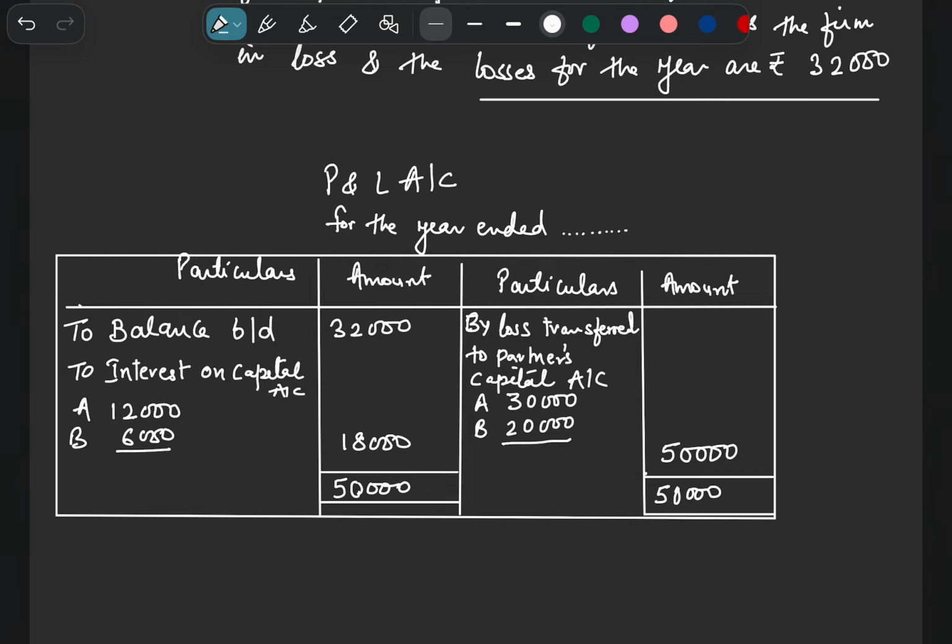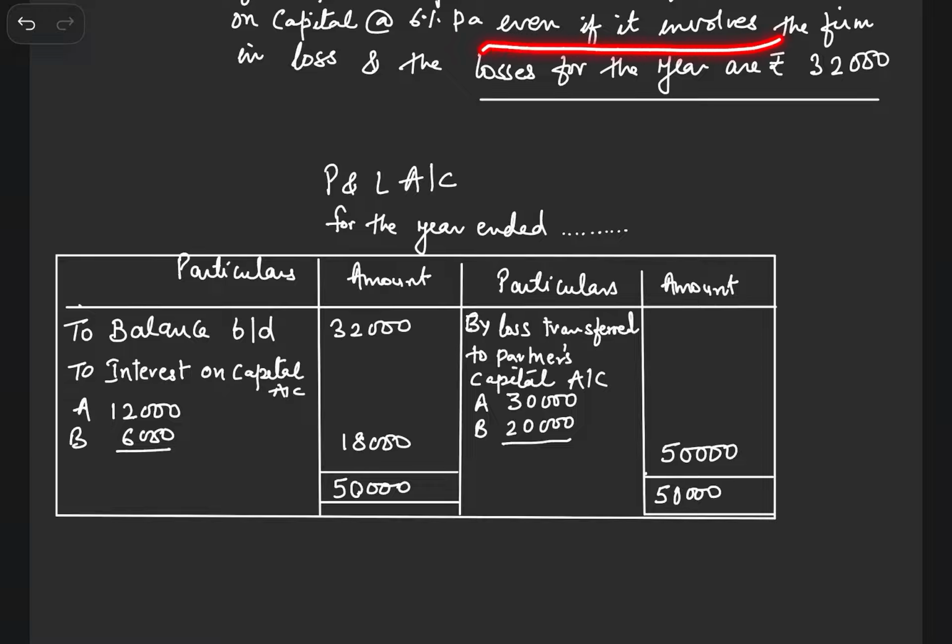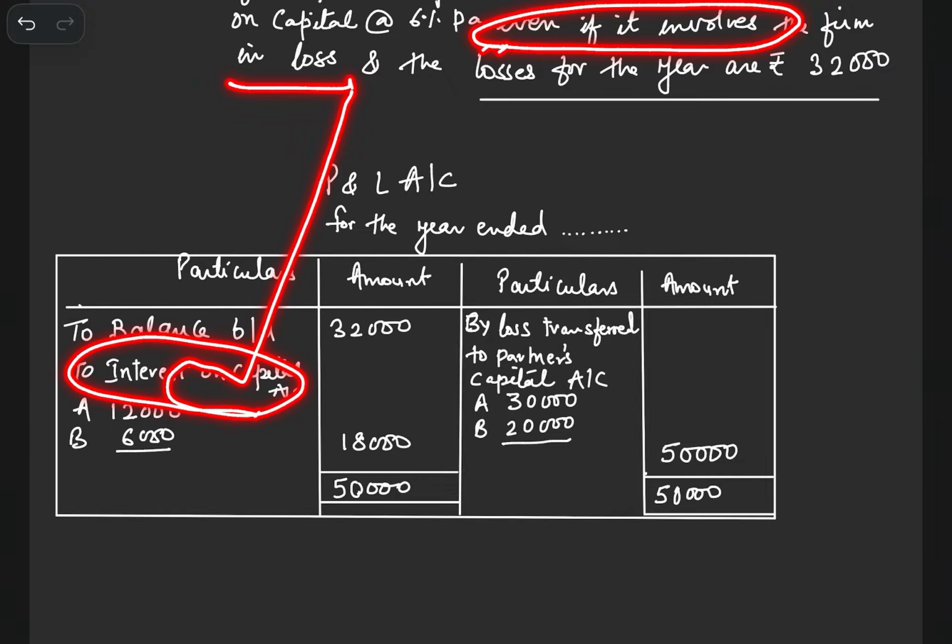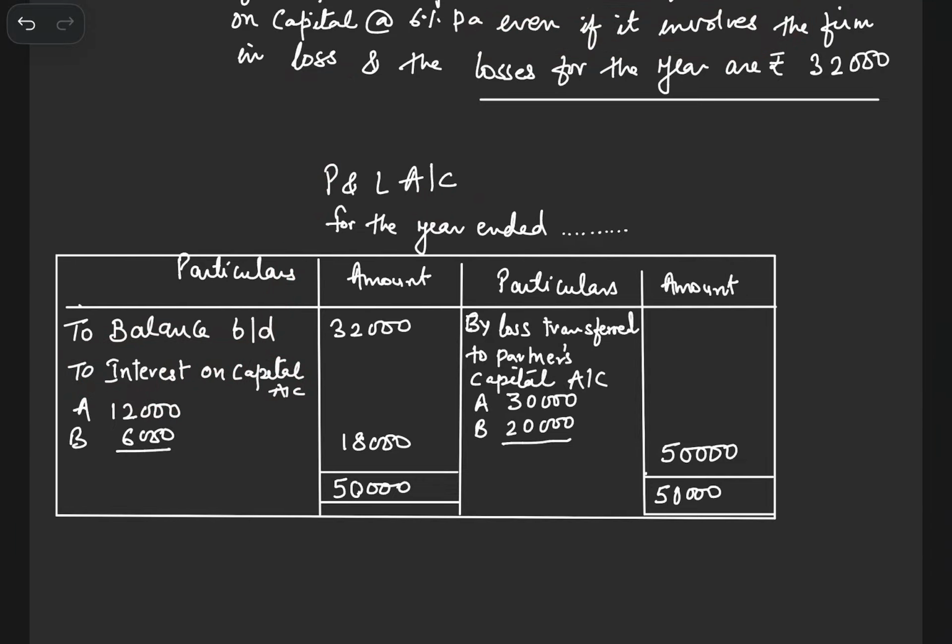So this case was related to the loss, and the interest on capital was to be considered as a charge. How have we been able to make it out? Because of this language, even if it involves the firm in losses. So interest on capital is to be shown in the profit and loss account.